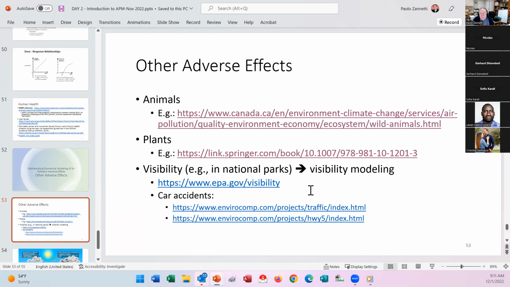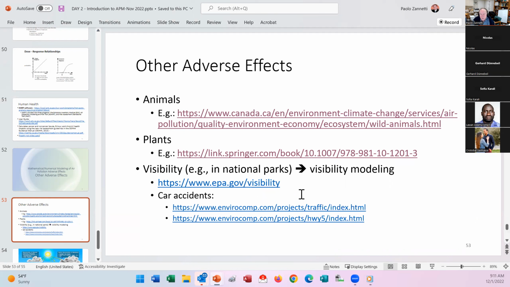You don't want to see black plumes. You don't want to see haze or fog caused by industrial emission or traffic. So visibility has been a major issue, especially in the United States.